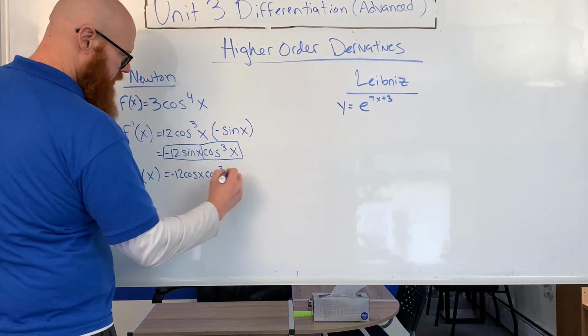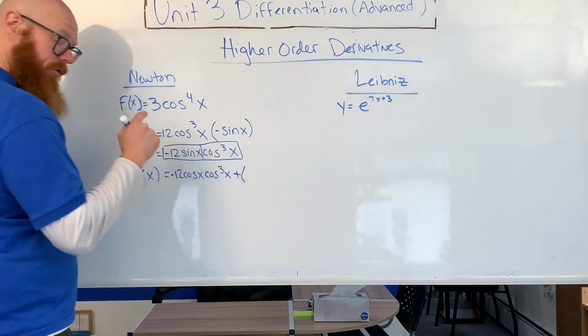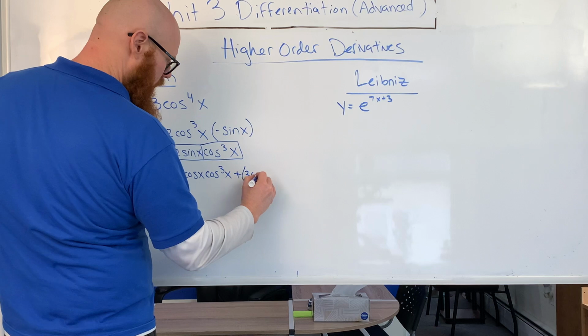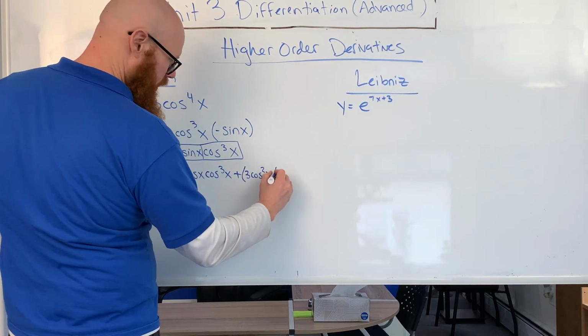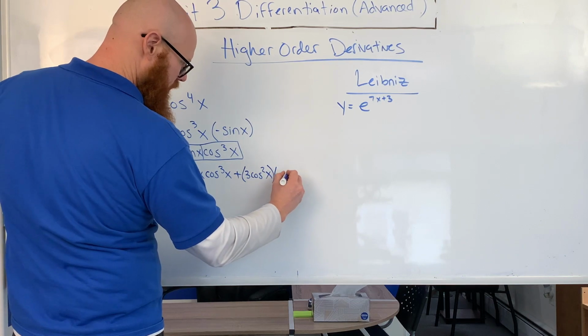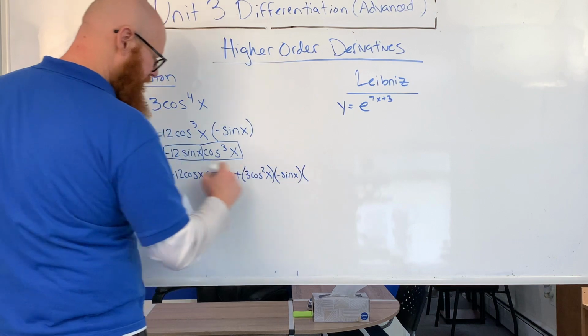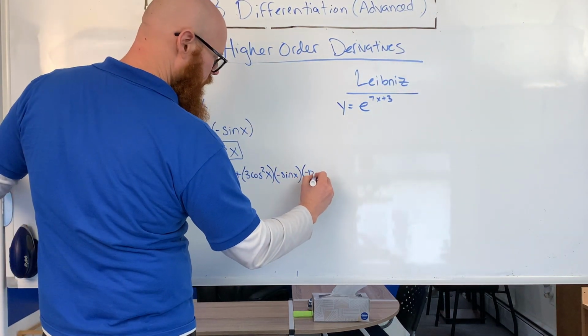Then plus the derivative of the second function, which now requires the chain rule. So that's 3 cosine squared x times the derivative of cosine. Oops, so we get another negative sine x. And then that's multiplied by the first function, negative 12 sine x.